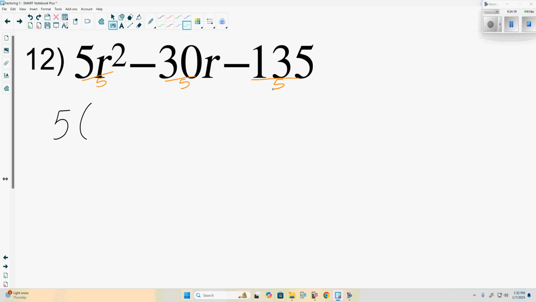So our 5r squared, when we factor the 5 out, we're left with r squared. Minus our 30r, after we factor the 5 out, 30 divided by 5 is 6r. Minus 135 divided by 5 is 27.